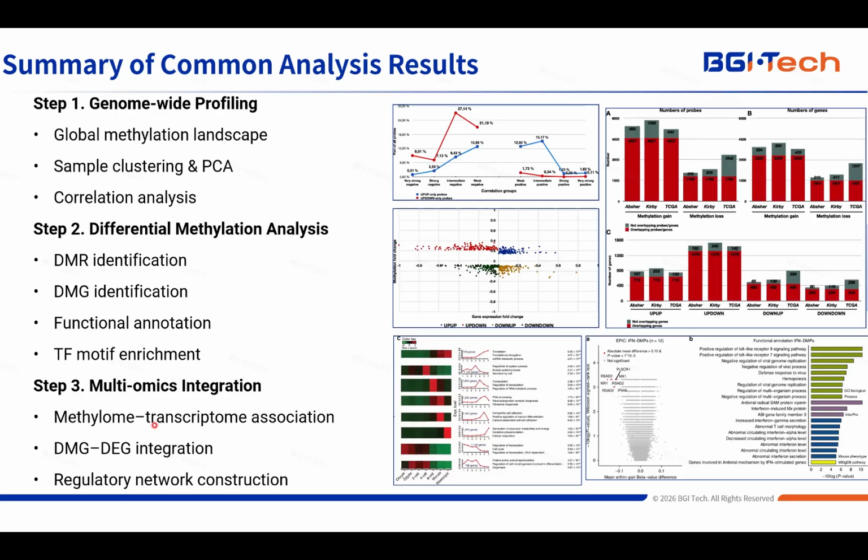And finally, methylation data can be integrated with transcriptomic data to investigate the relationship between demethylation and gene expression. And the right side of this slide shows some representative examples of the analysis results.